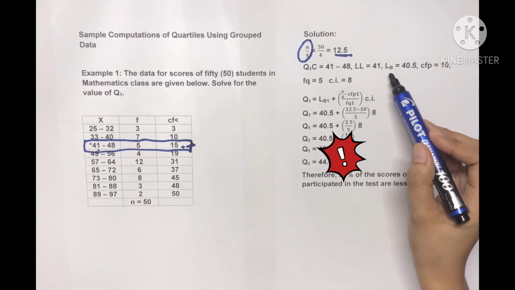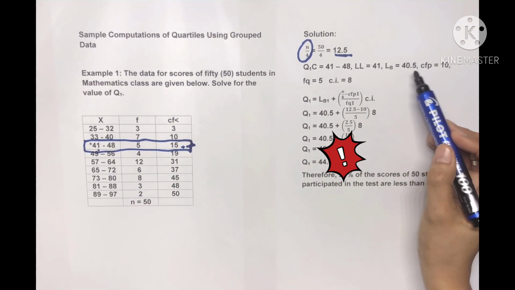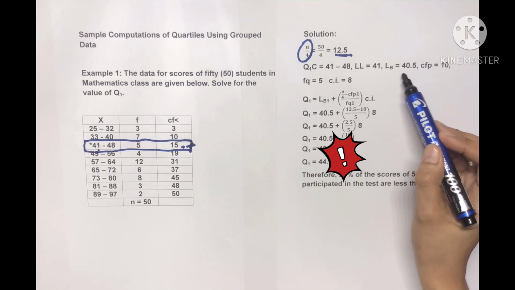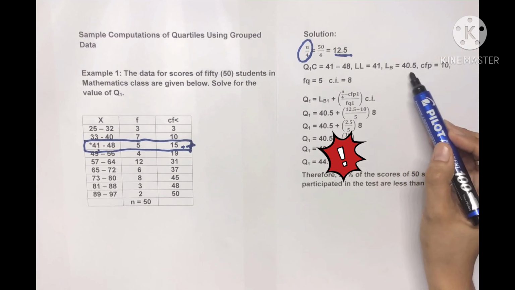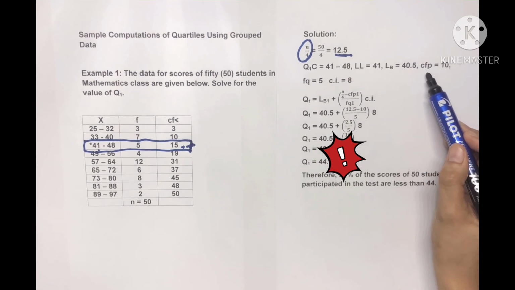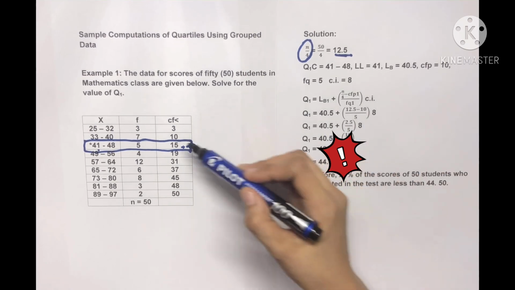So therefore, your lower boundary is 40.5. Why 40.5? Because all you need to do is to subtract 0.5 from 41. So 41 minus 0.5 is 40.5. And then your CFP, or cumulative frequency before the quartile class, is equal to 10.